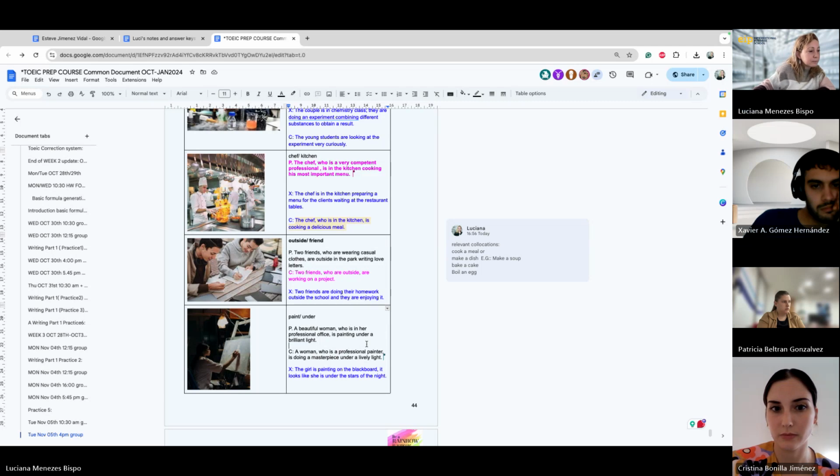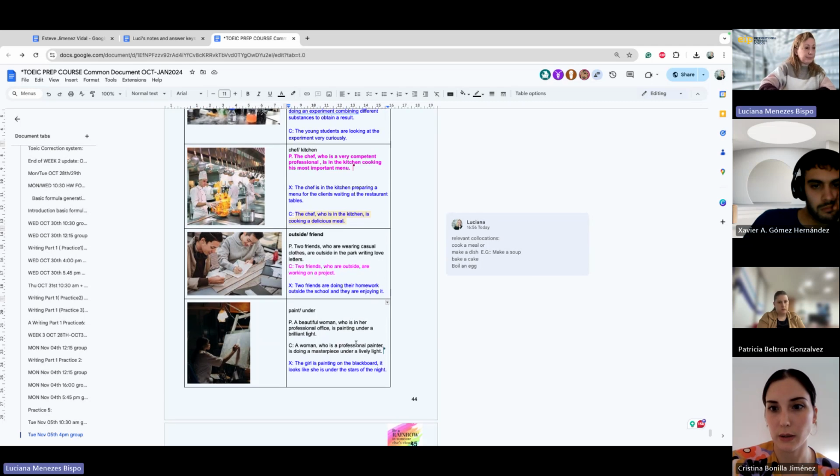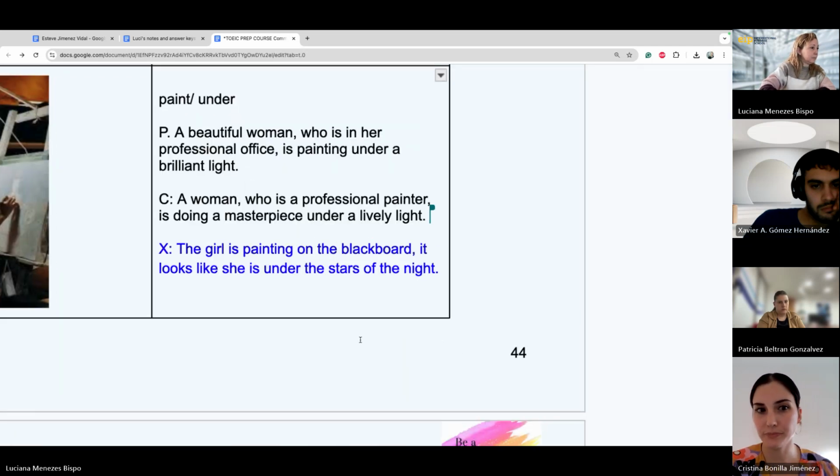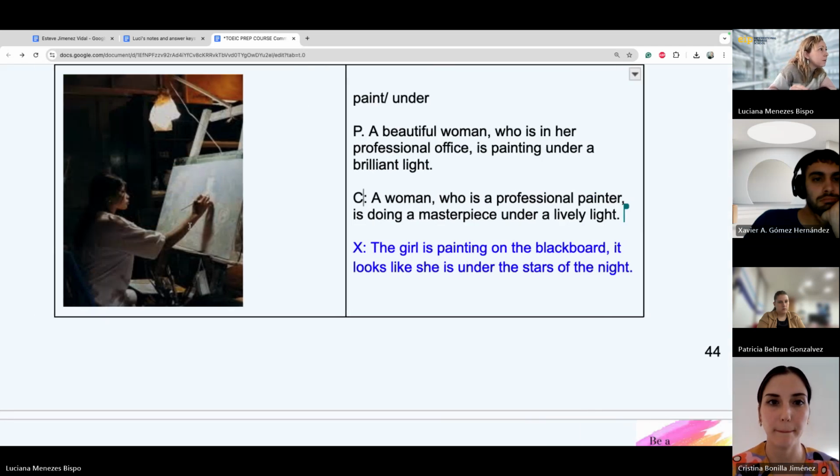Okay. Let's correct. What sort of pottery lamp is that?